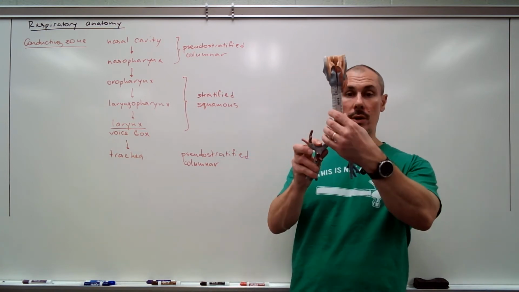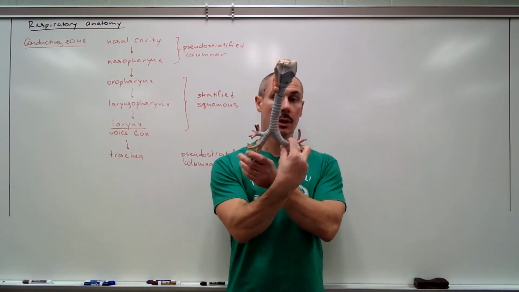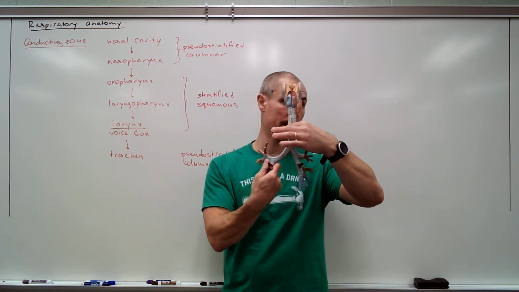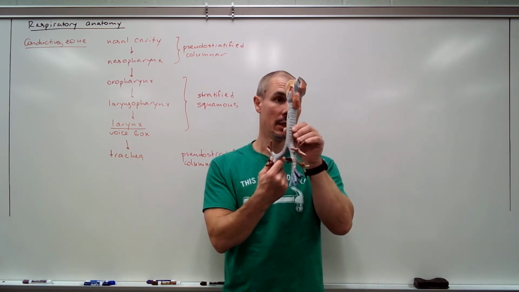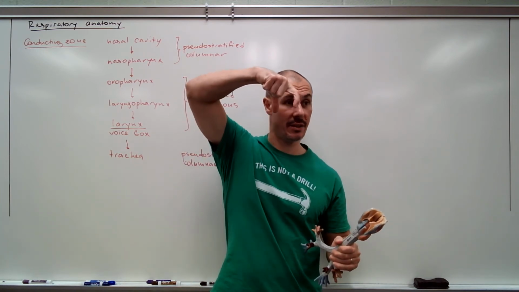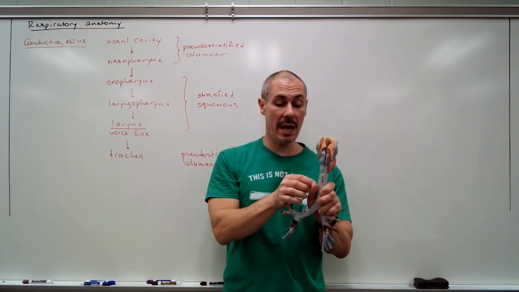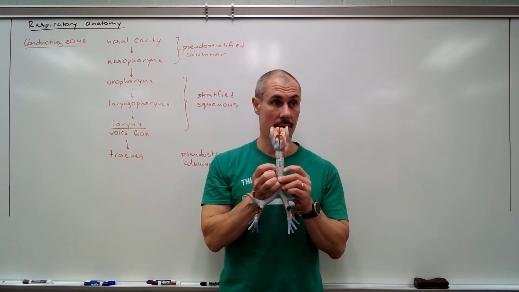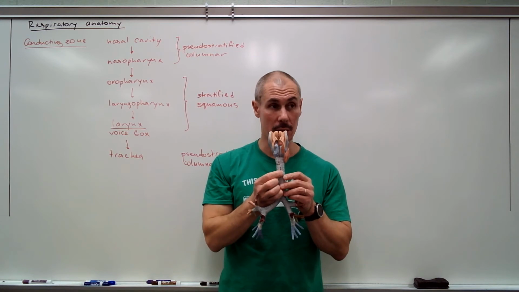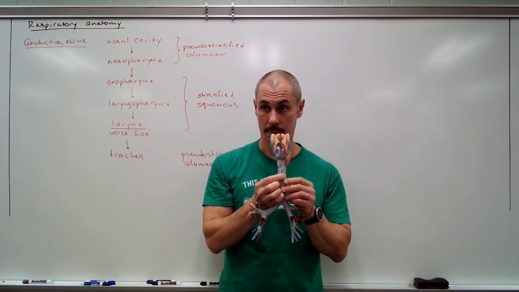So if you look at the structure of the trachea here, you see that tracheal cartilage, can you see that? It's not circular. The circle is not complete. So the cartilage looks like this. And these ends of the tracheal cartilage are connected by the muscle called trachealis.